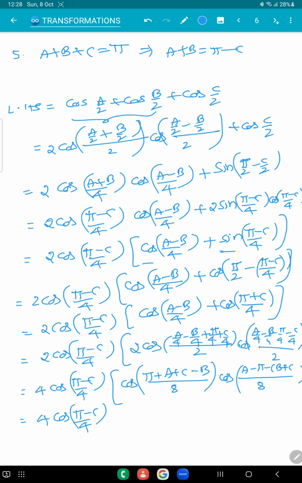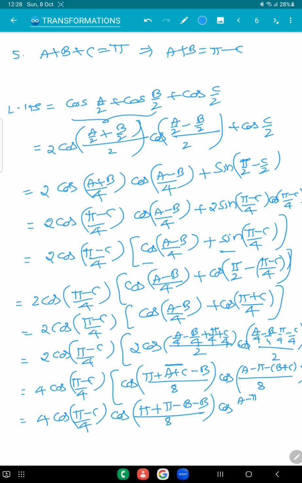In the right hand side, we need to show that cos((π−a)/4) and cos((π−b)/4) are also there. Observe that a plus c can be written as π minus b, right? So (π + π − b − b)/8. Good. And b plus c can be written as π minus a, right?